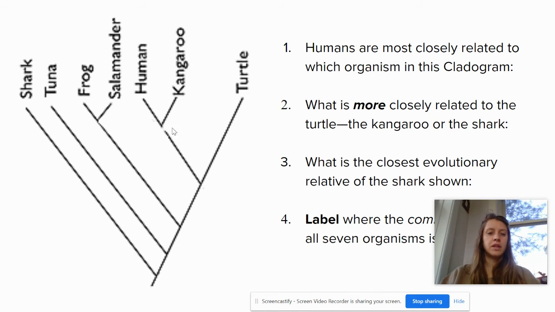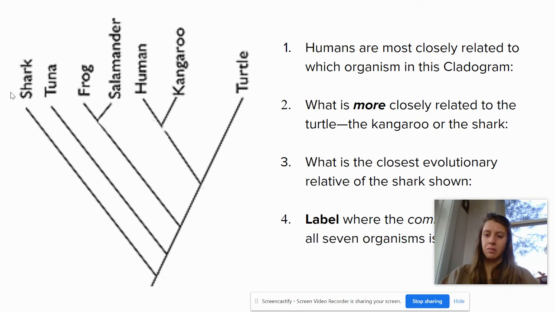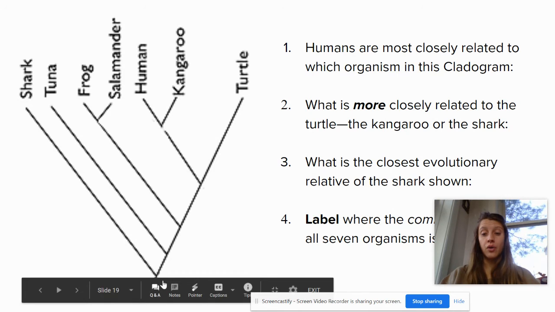Is it more closely related to a kangaroo or a shark? I'm going to give you a second to think about it. It is more closely related to a kangaroo, because if we trace this line, we see that turtles and kangaroos shared a common ancestor here, and turtles and sharks shared a common ancestor all the way down here.